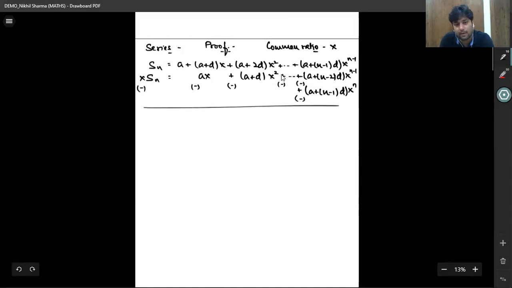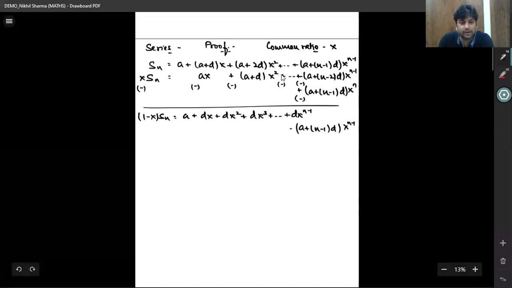All right. Now, this would be 1 minus x times Sn, which would be a plus dx minus ax. So this would give us dx plus dx squared plus dx cubed, up to dx raised to the power n minus 1, minus of a plus n minus 1 into d, x raised to the power n minus 1.